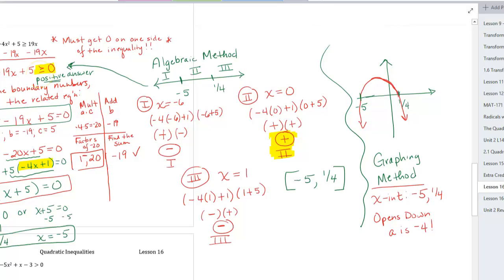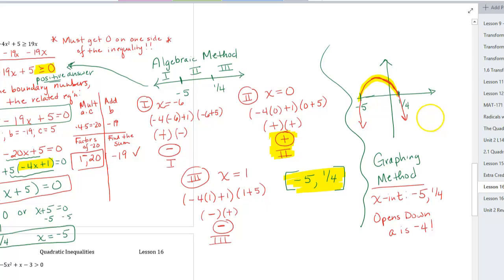So we're looking for the part of the parabola that's above the x-axis, which again is between -5 and 1/4. If this inequality had had a less than or equal to rather than a greater than or equal to, we would have used the parts of the parabola that are below the x-axis. So that would be from -infinity to -5 and 1/4 to infinity.